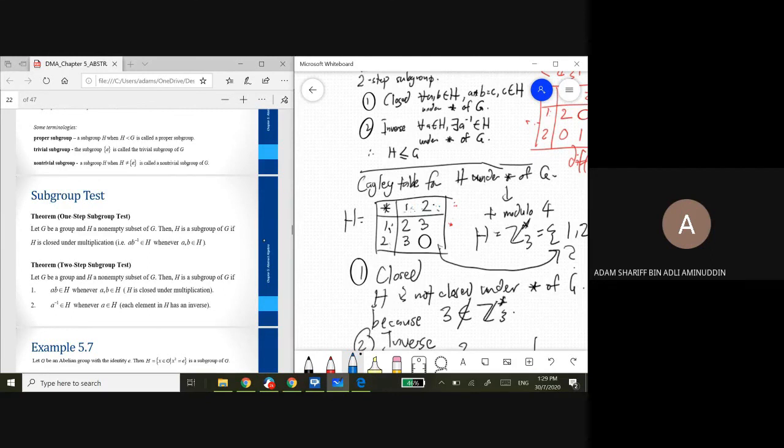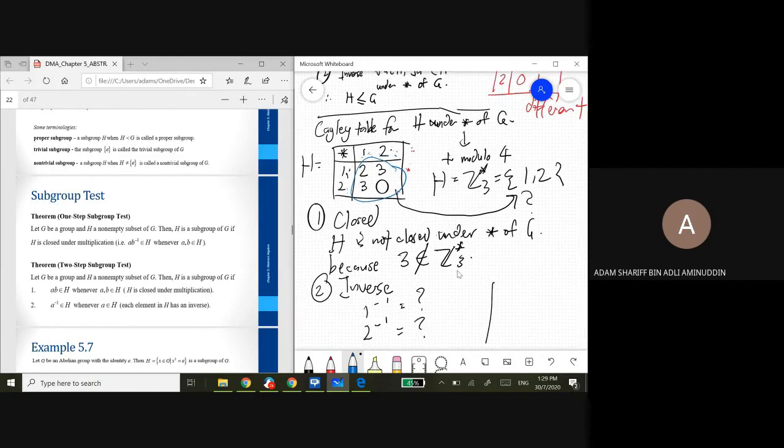For 2 also the same question, 2 binary operation with what? You get back 2. Dalam ni, in this Cayley table, there does not exist such E that operates with every element of 1 that will produce 1 back. There is no element of E that binary operation with 2 you get back 2. Tak ada. There is no such identity.